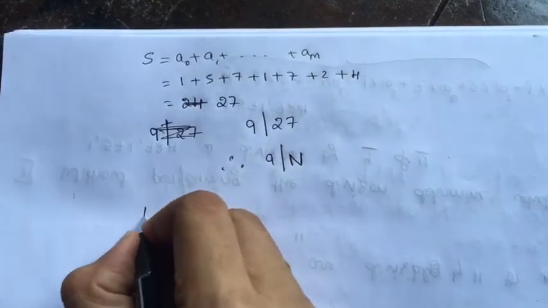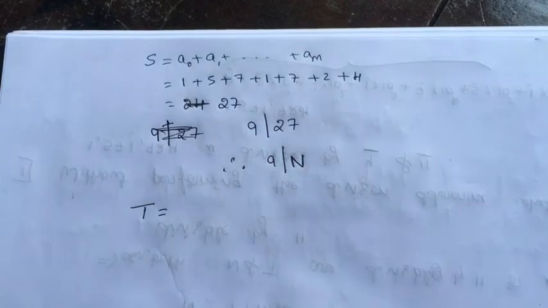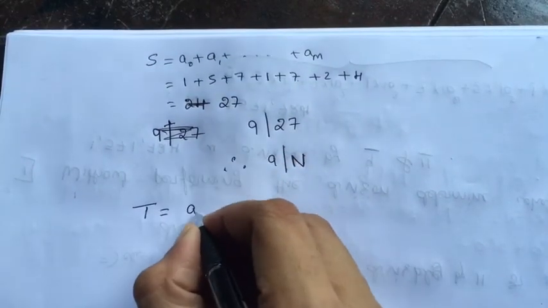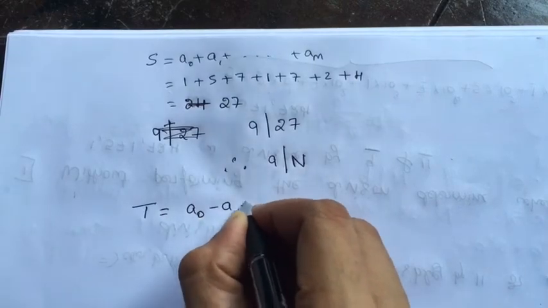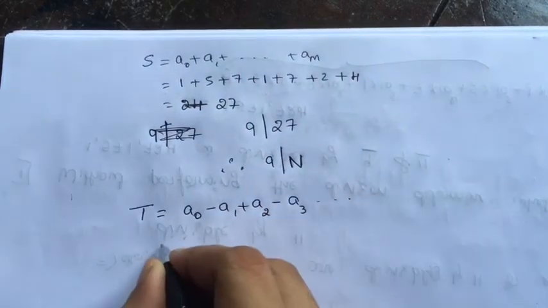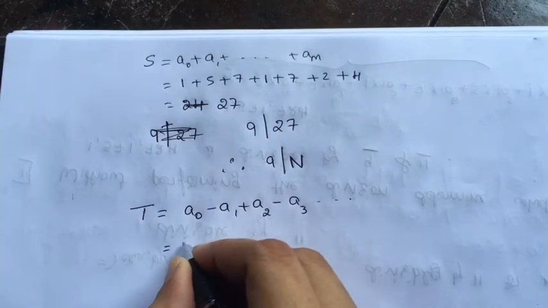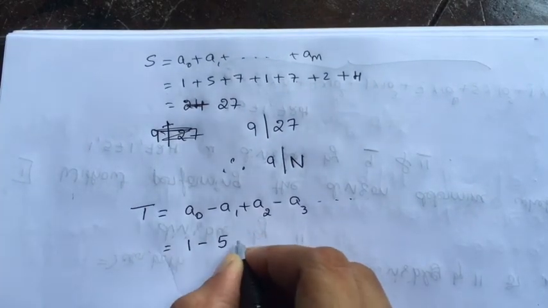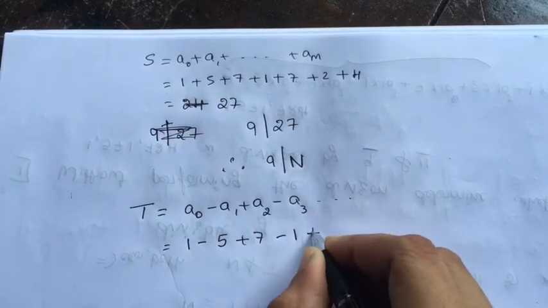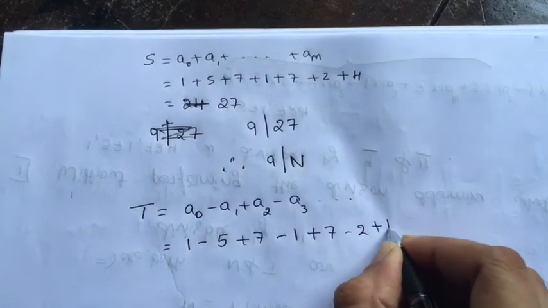And if I take t to check whether it is divisible by 11 or not, t is a0 minus a1 plus a2 minus a3, like that. So a0 is 1 minus 5 plus 7 minus 1 plus 7 minus 2 plus 4.